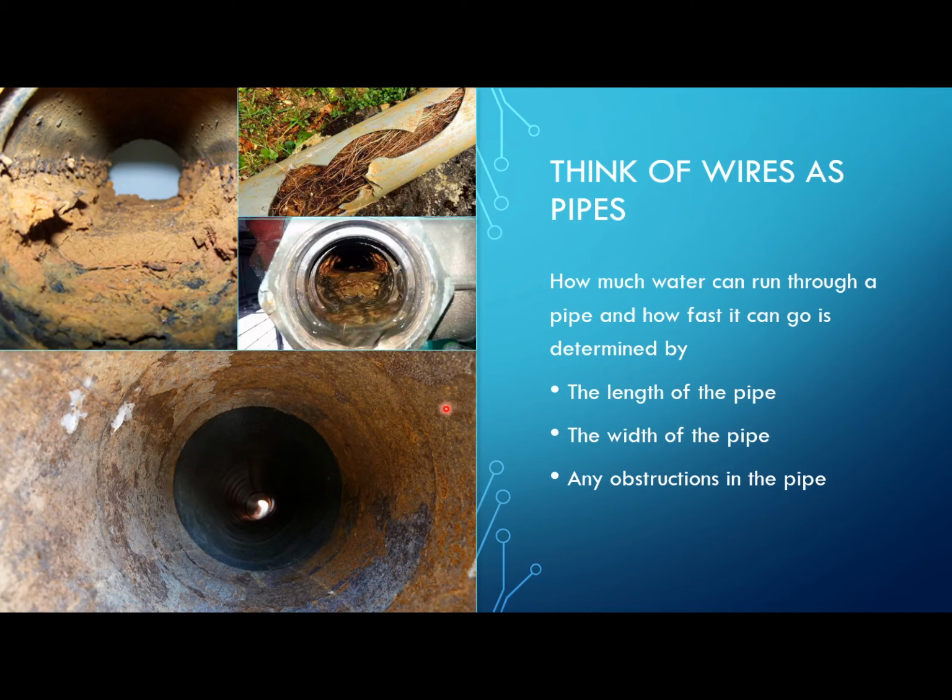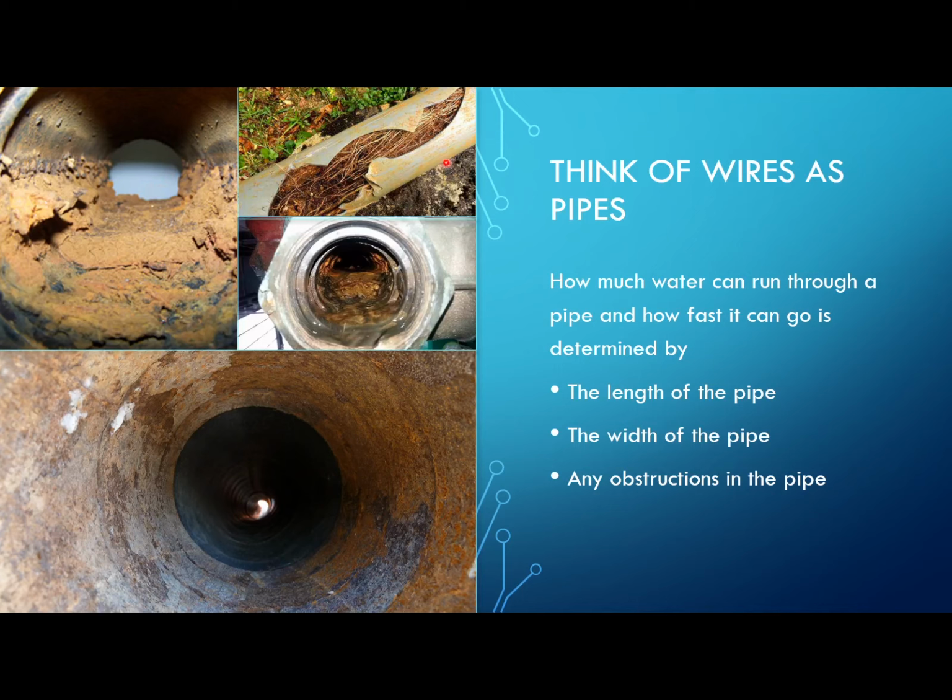So for comparison's sake, I have some pipes up here that have obstructions, which of course the water won't flow through as easily. Now, none of these are sewage, at least the internet said they weren't. This picture and this picture are pictures of sprinkler systems in buildings that were not maintained, and there was corrosion in the pipes that built up, and because of gravity then it fell towards the bottom and it filled the pipes.